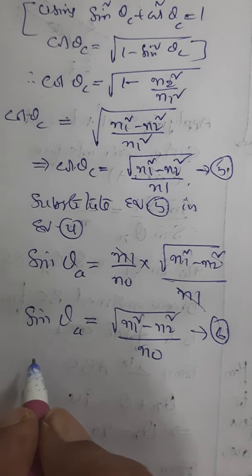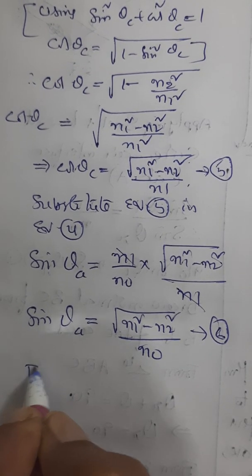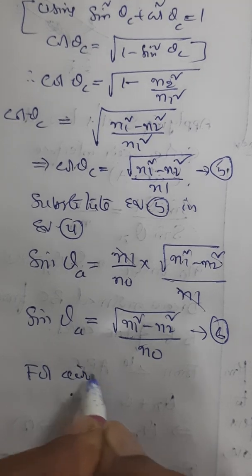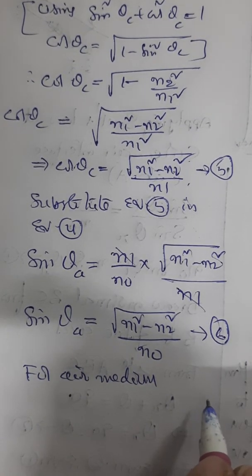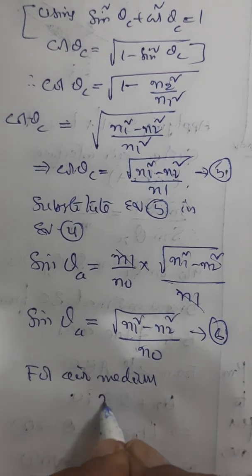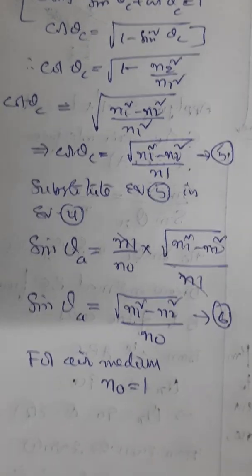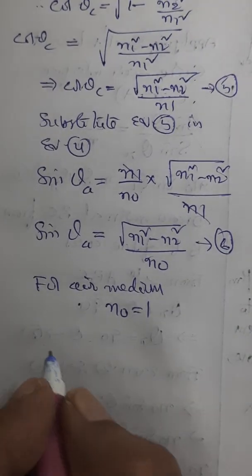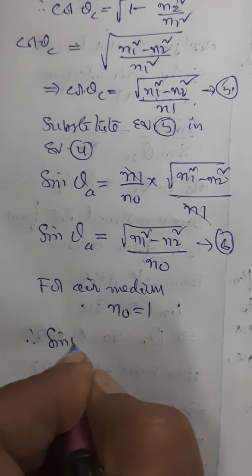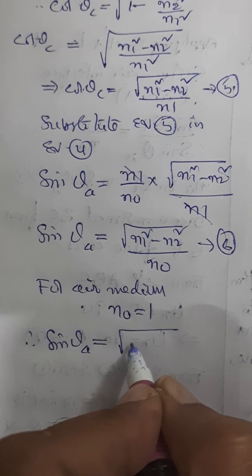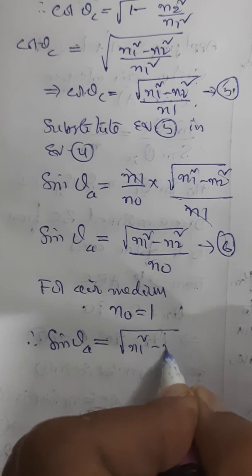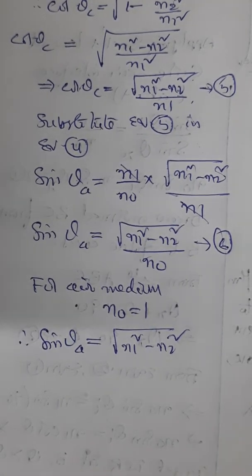Now here the medium you have taken is air. Therefore for air medium, for the starting incident light, n0 is equal to 1. So from this sin theta A will become square root of n1 square minus n2 square.